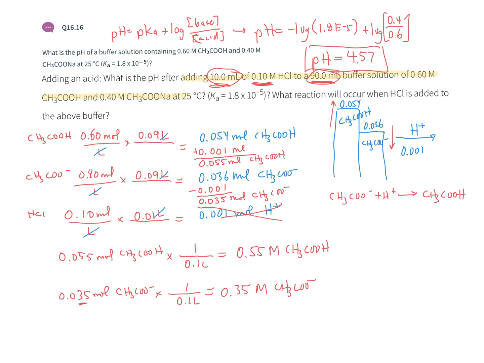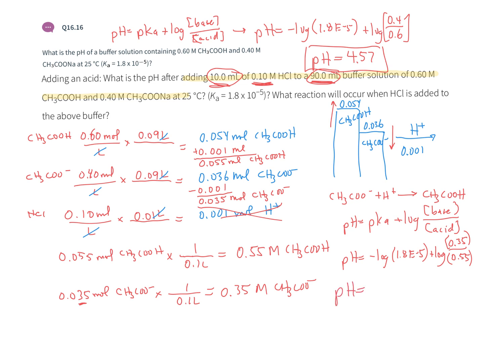Now I can do the Henderson-Hasselbalch equation now that I've found the new concentration of my acid and its conjugate base. The pH equals the pKa plus the log of the concentration of my base over the concentration of my acid. So the pH of this new solution after adding the strong acid would be the negative log of 1.8 e to the negative 5 plus the log of 0.35 over 0.55.